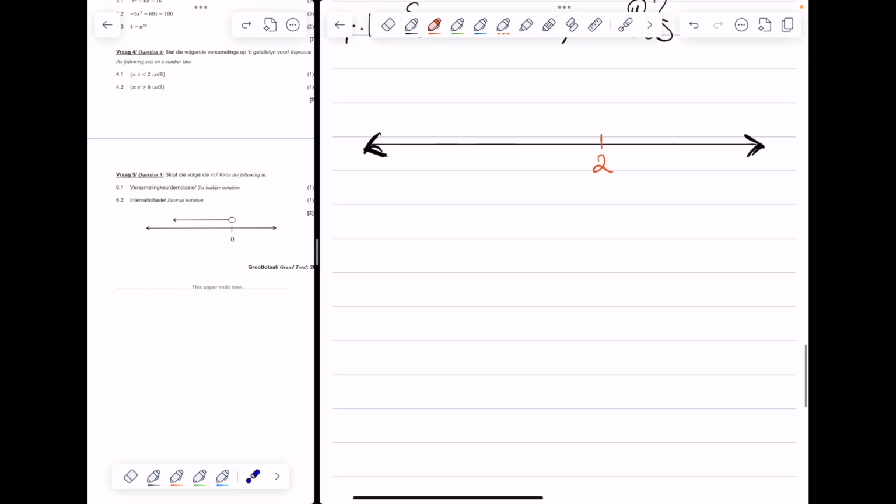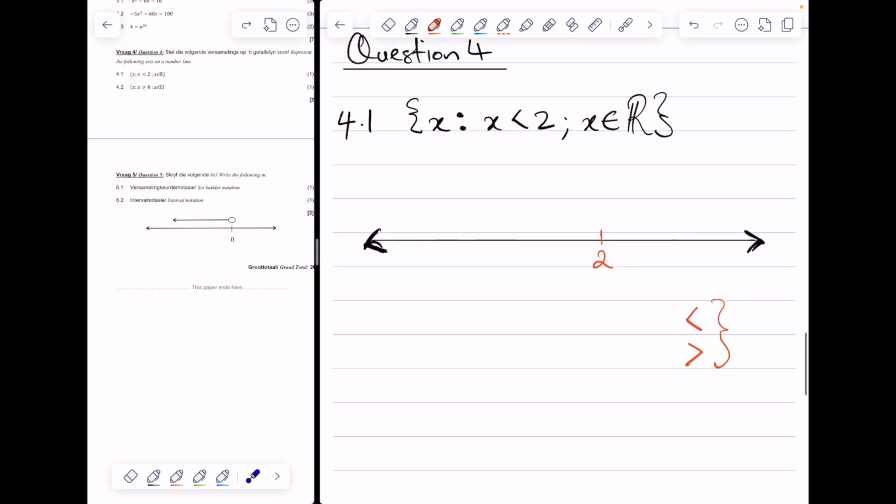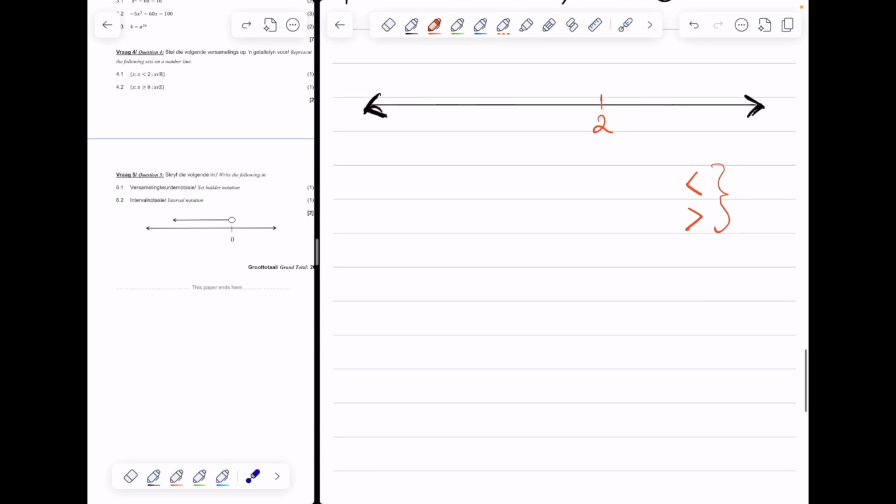Less than and greater than mean the value is excluded, in other words, an open circle.